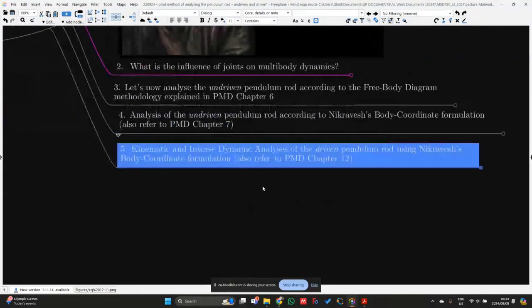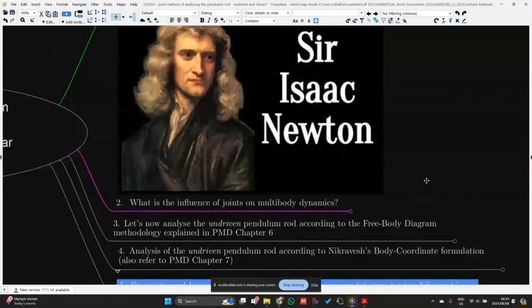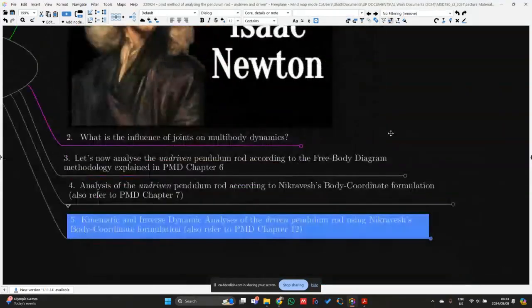So that is everything that we wanted to look at for section 5, which is for a driven pendulum rod. Now we can finally get to the fun part of the module, which is looking at the actual DAP-BC workbench and how we can apply this pendulum rod to solve for either reaction forces or kinematic relations that we want to look at.